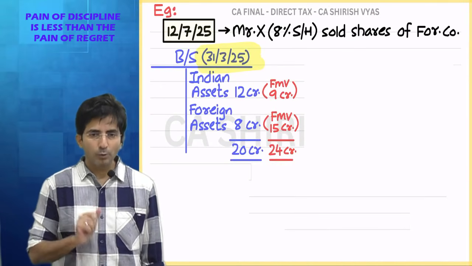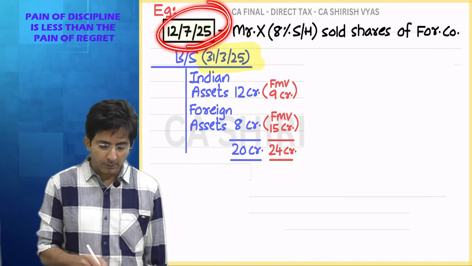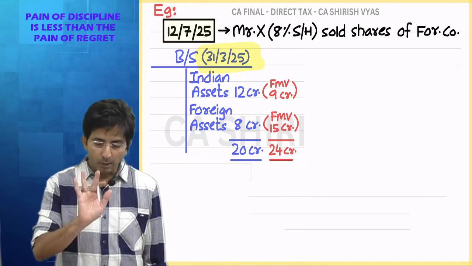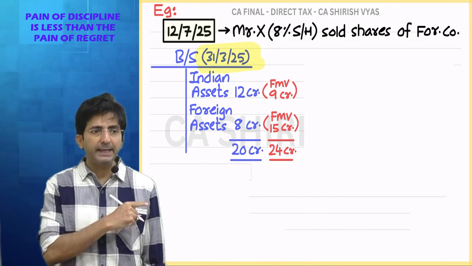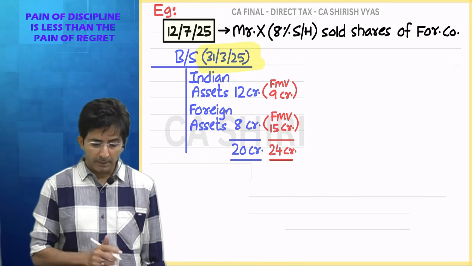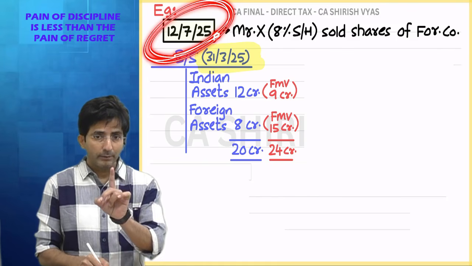But you know there is one rule. Sometimes you will see the balance sheet on the transfer date. The general rule is to see the balance sheet of the preceding financial year, preceding accounting year. But sometimes we have to prepare the balance sheet of 12th July. You know when? Look here.